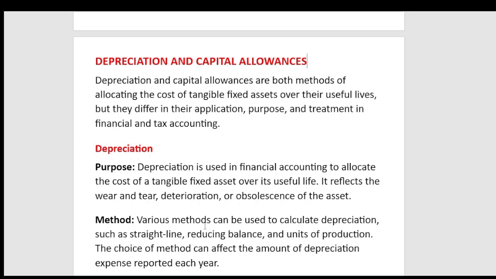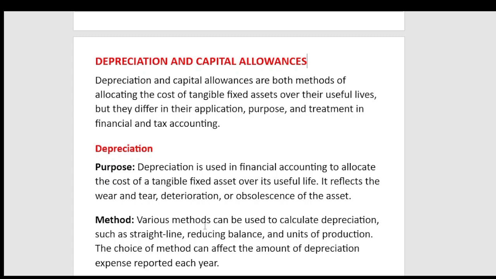Whichever method you want to adopt is fine. But the main aim is for us to know that depreciation is used in financial accounting. We are focusing on depreciation now so that when we hear depreciation, we know where it's coming from, where to fix it, and how to explain it. That is the essence of this.